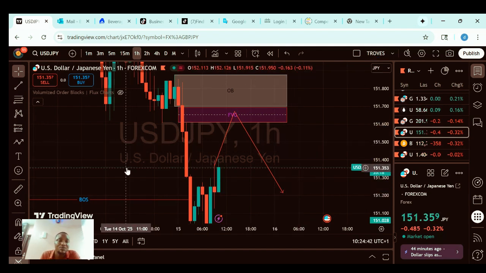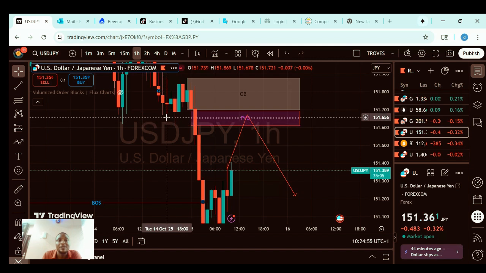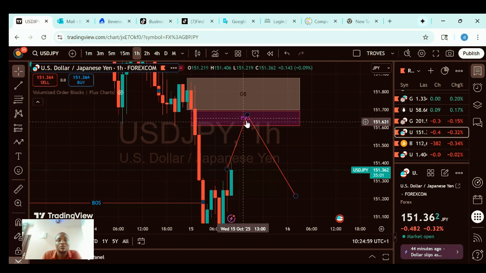Now, how do I place my entries? I have two methods: I can use an aggressive entry, or I can use a confirmation entry. Aggressive entry means I'll set a sell limit order here so that immediately price taps into my sell limit order, my order will be activated.